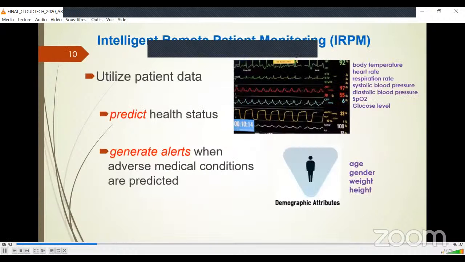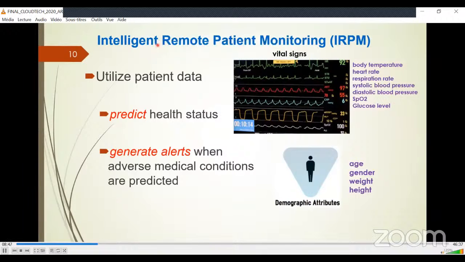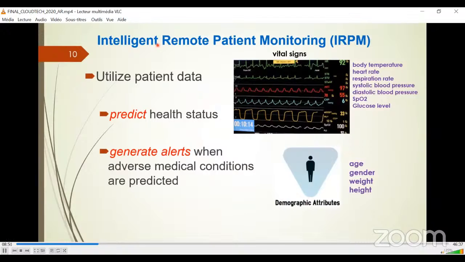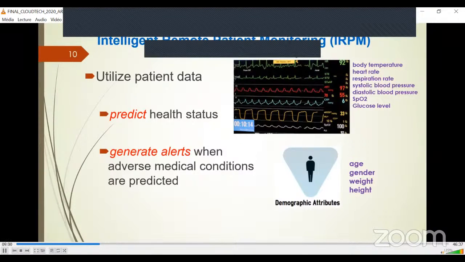So in this new model, the IRPM, we still obviously need to collect data from patients, remotely. And we now want to actually predict health situations or health status.